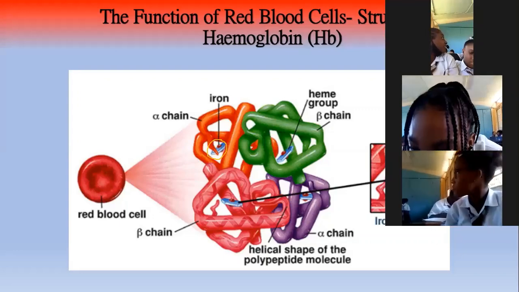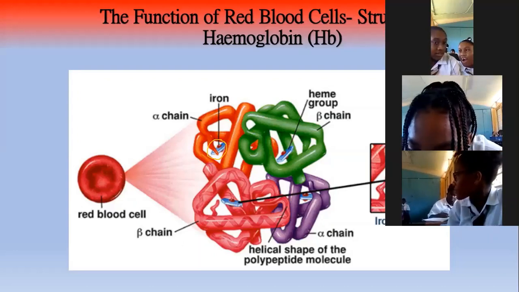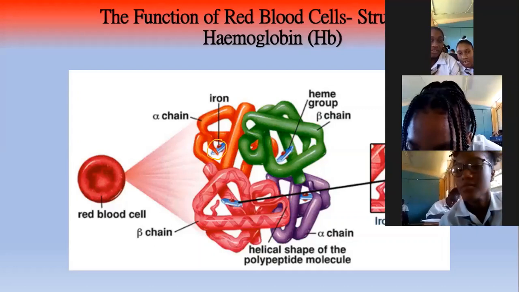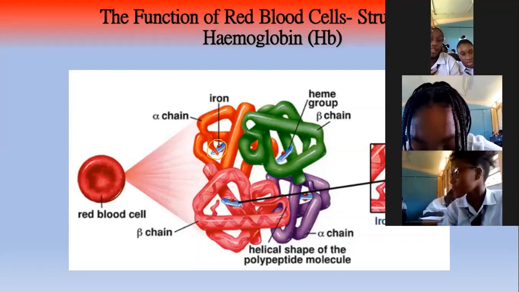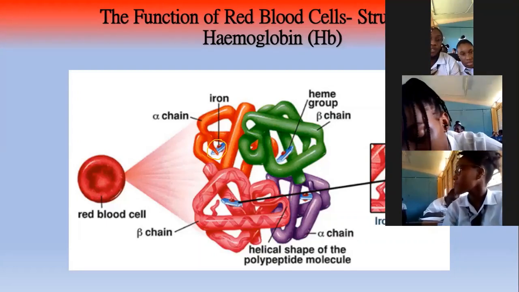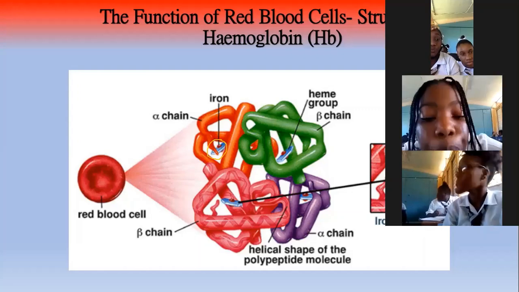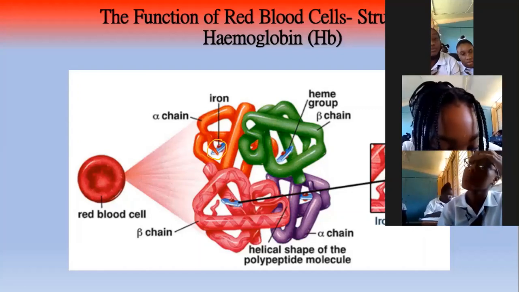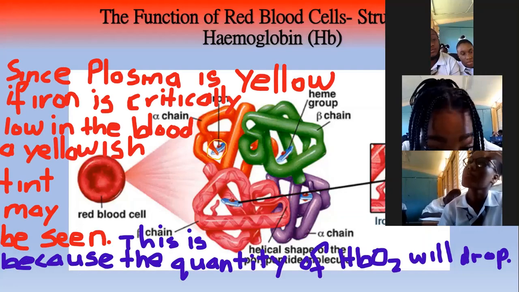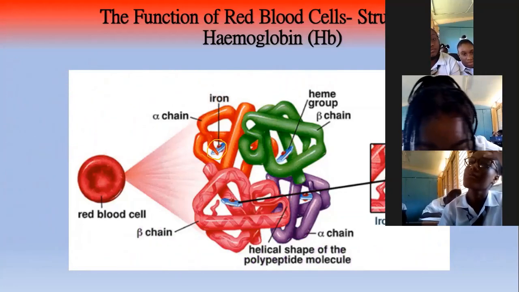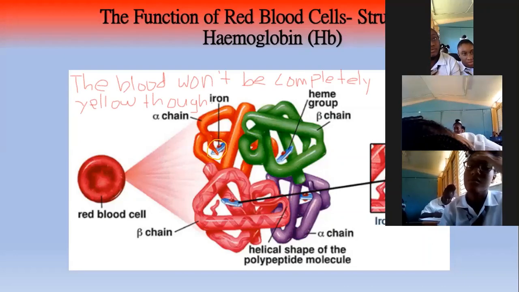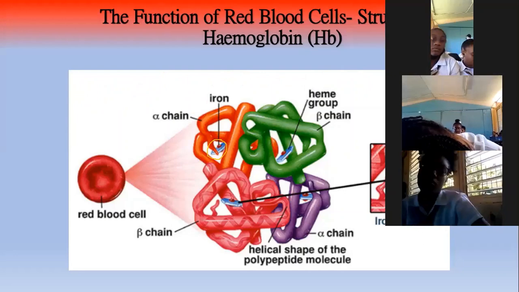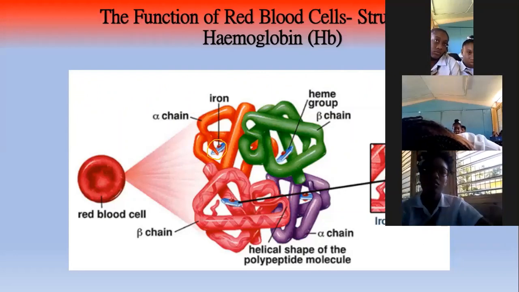Is it true that if you don't have enough iron in your blood you're going to turn yellow? No, that's not true. If you do not have enough iron in your blood, then you would not be able to carry enough oxygen. First of all, you would not be able to form enough hemoglobin because iron is critical for the formation of hemoglobin. Now, the hemoglobin carries oxygen, so if you don't have enough iron in your blood, you would not be able to carry enough oxygen around your body.